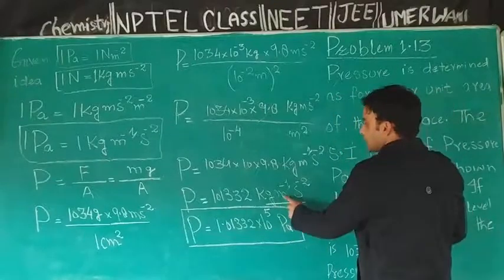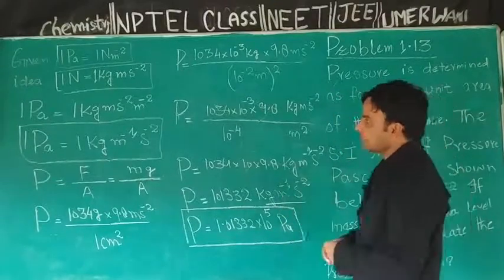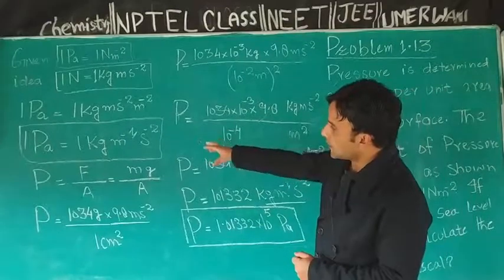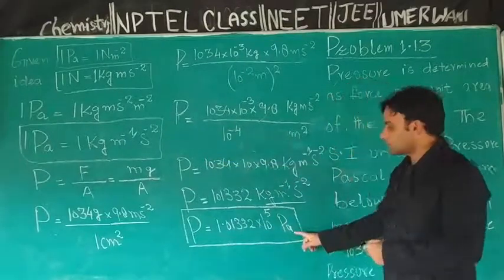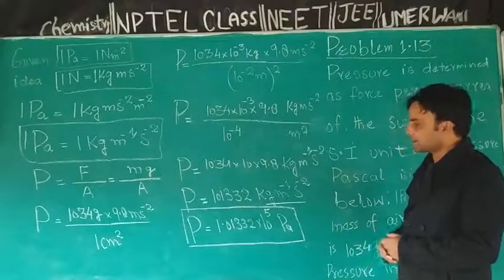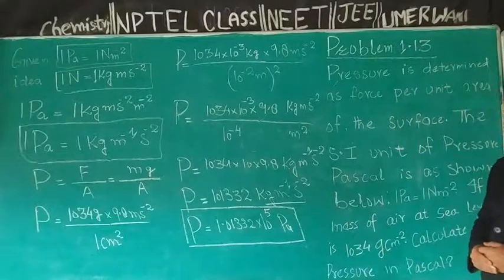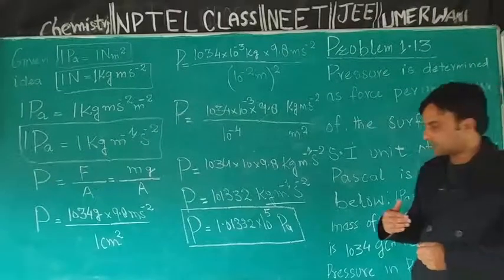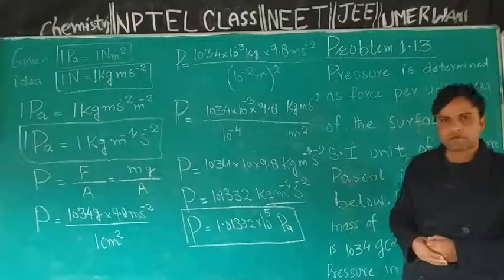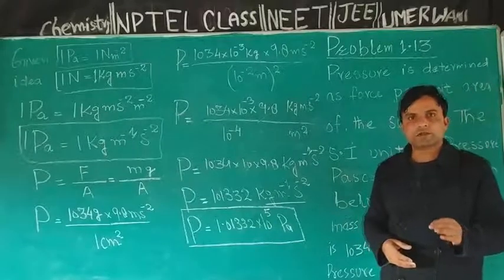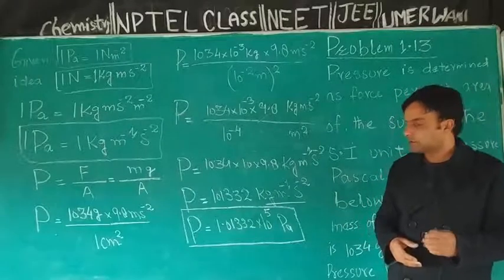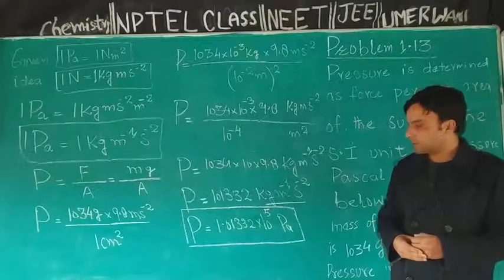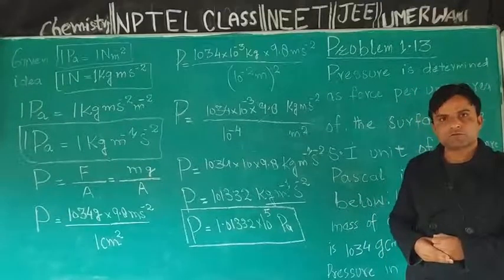And kilogram meter inverse per second square, I already have in mind that it is equal to Pascal. This way I was able to calculate pressure at sea level due to air in terms of Pascal, and for times to come, you need to remember this value, that pressure at sea level due to air is equal to 1.01332 into 10 raised to power 5 Pascal.